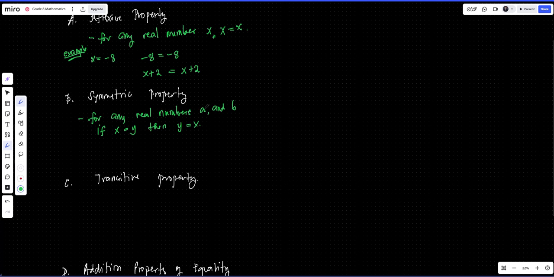For example, the equation 3 plus x can also be written as x is equal to 3.